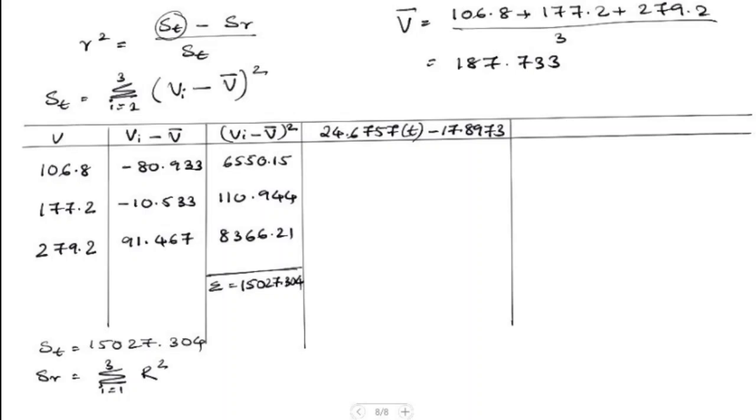When we put the t value as 5, we get 105.4812. If we put the t value as 8, we get 179.5083. And inserting the value of t as 12 gives us 278.2111.